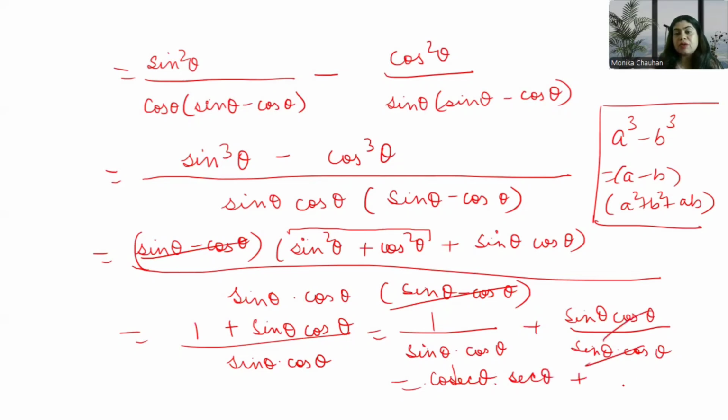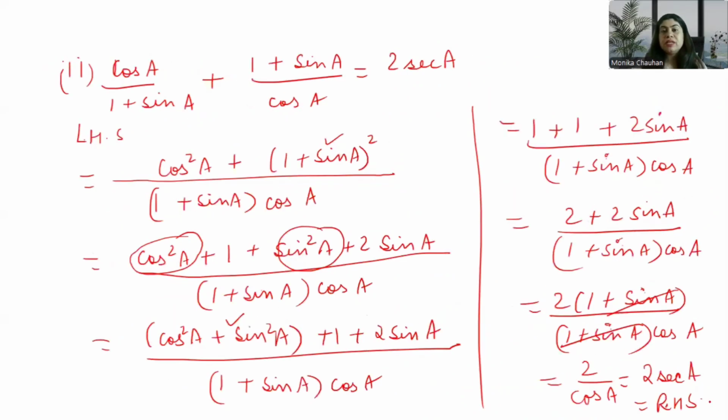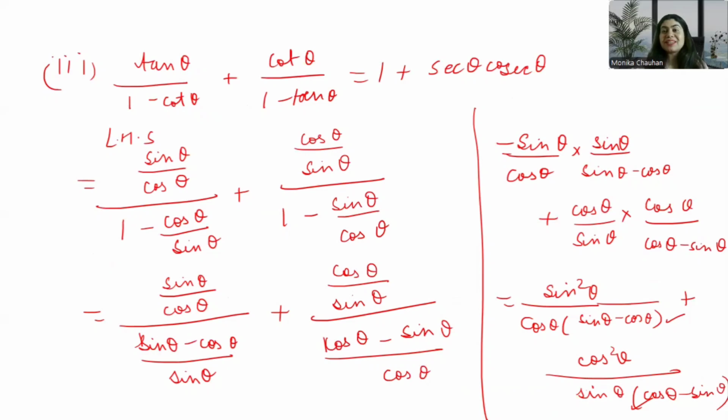And this will cancel, you get 1. So if you want to write it in order, you can write 1 + secθ cosecθ. Do you want to see if it is your left side? You can check whether it is your left side or not, whether you have proved it or not. Yes, 1 + secθ cosecθ.